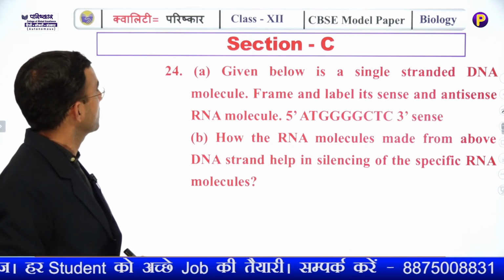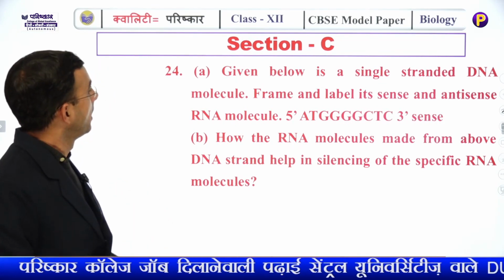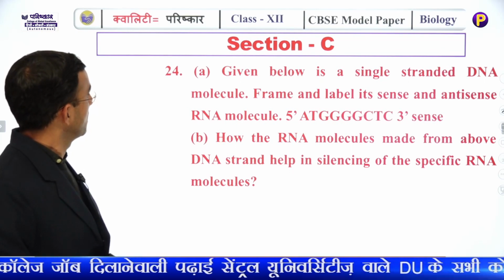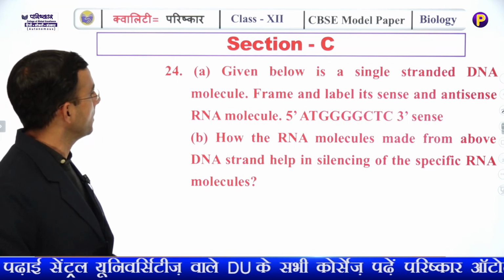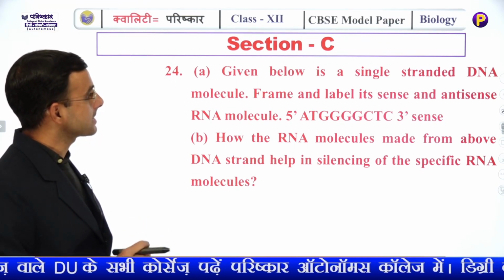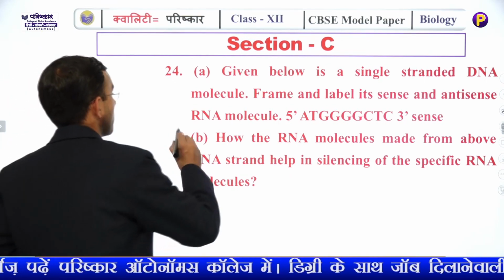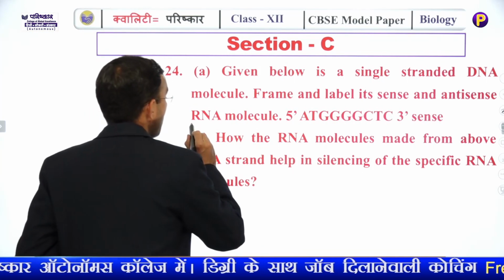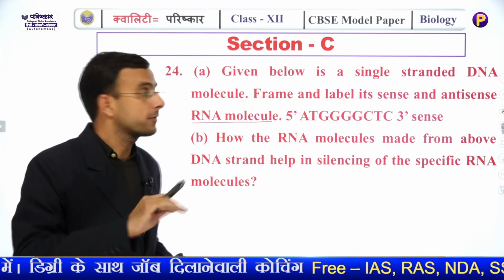Now that is the C section, and in that section the first question is the 24th. Given below is a single DNA molecule. Frame and label its sense and antisense RNA molecule. Look at this one. It is not asking about the sense or antisense strand of DNA.